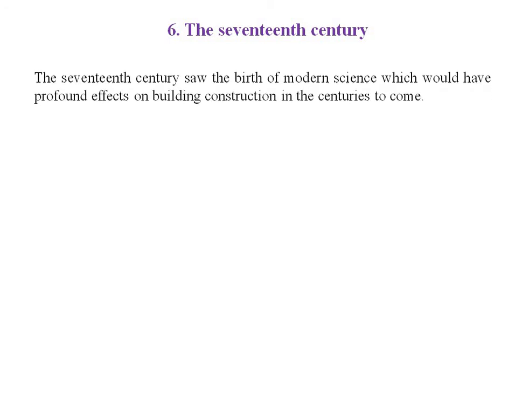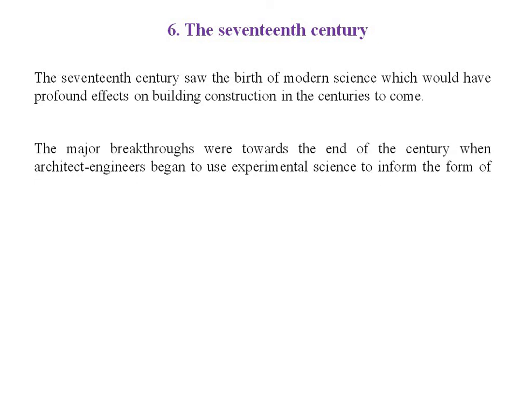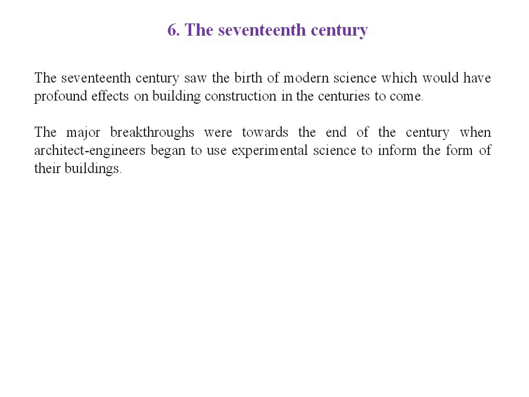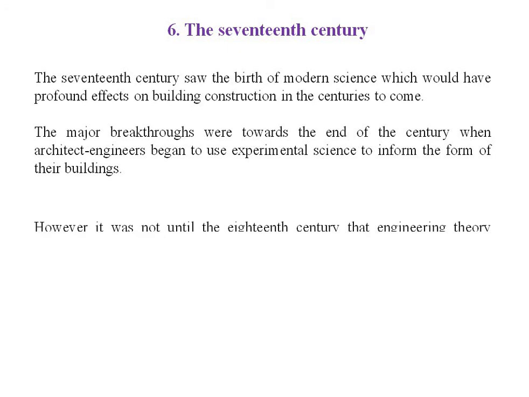The 17th century. The 17th century saw the birth of modern science, which would have profound effects on building construction in the centuries to come. The major breakthroughs were towards the end of the century, when architects and engineers began to use experimental science to inform the form of their buildings.